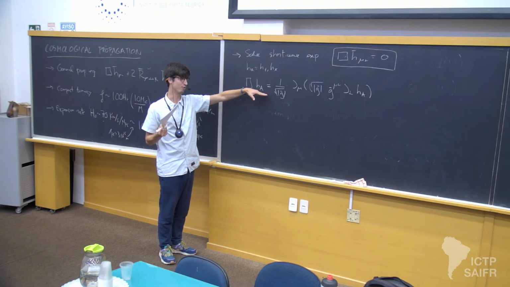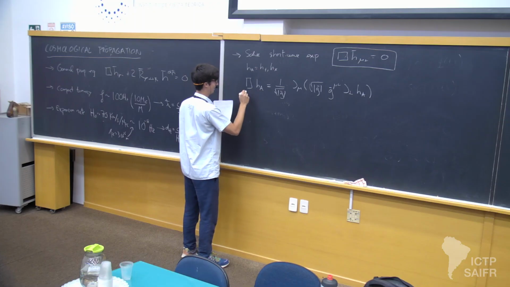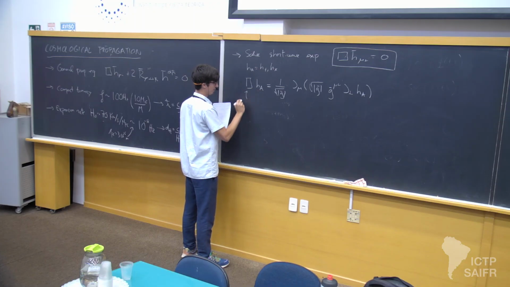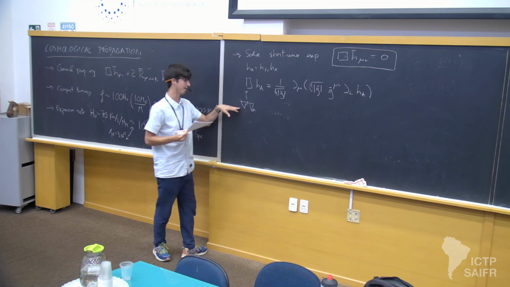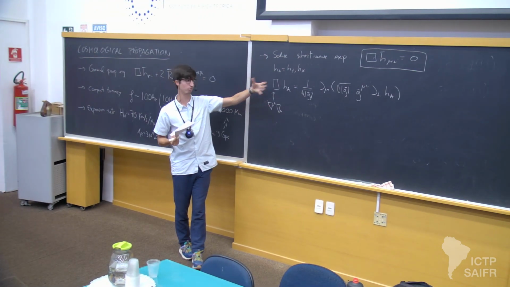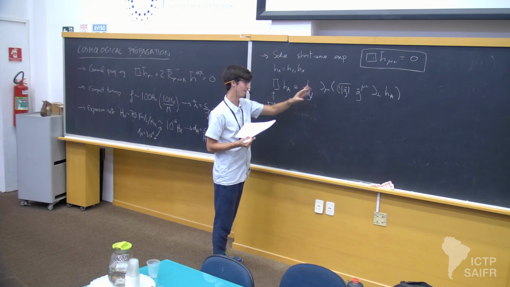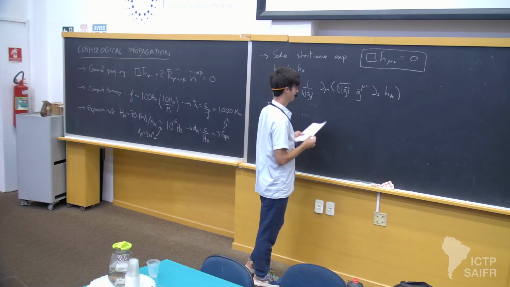It's actually not so difficult to show: you start from the covariant derivatives, introduce Christoffel symbols, do a bit of algebra, and you get there.